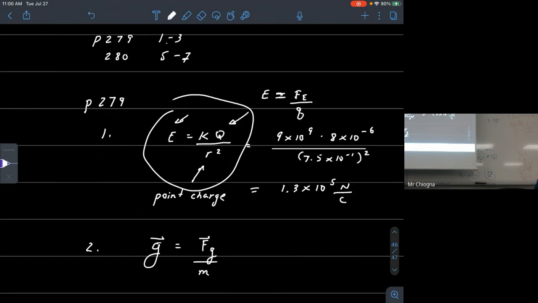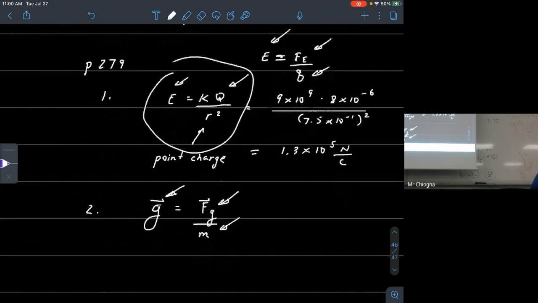Electric field is the force divided by charge. Gravitational electric field is the electric force divided by the test charge. The gravitational field is the gravitational force divided by the test mass.